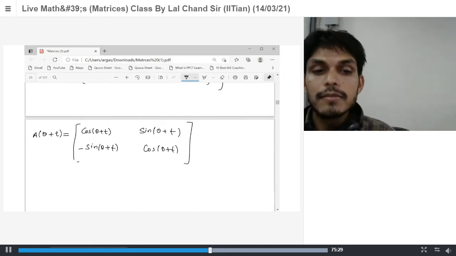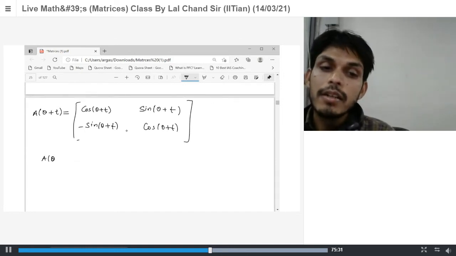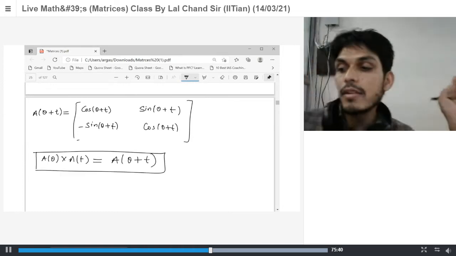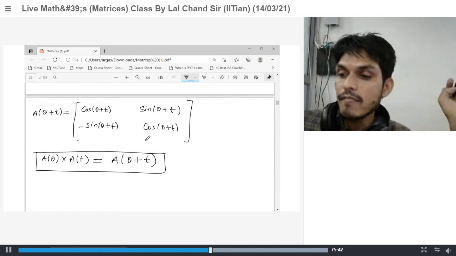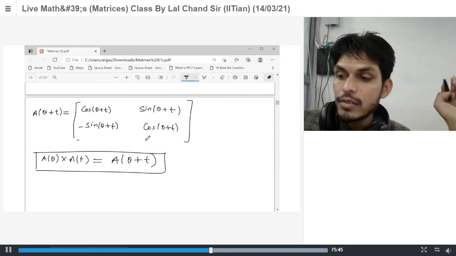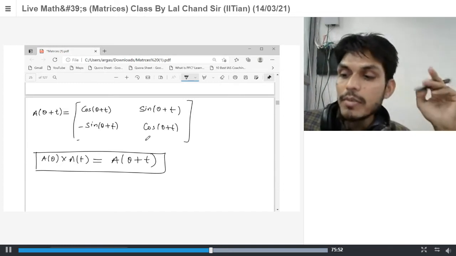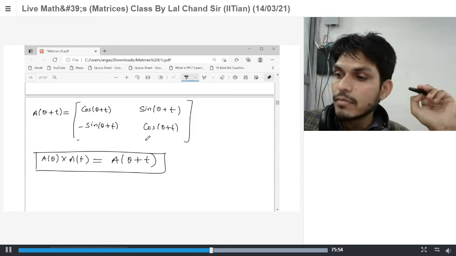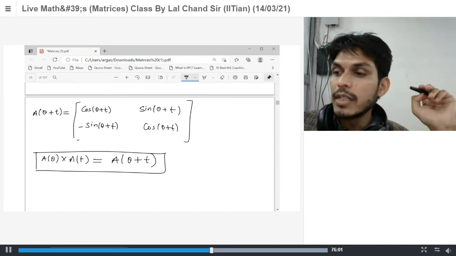So we can say A theta into A t is equal to this. Is there any problem till now? Okay, fine.